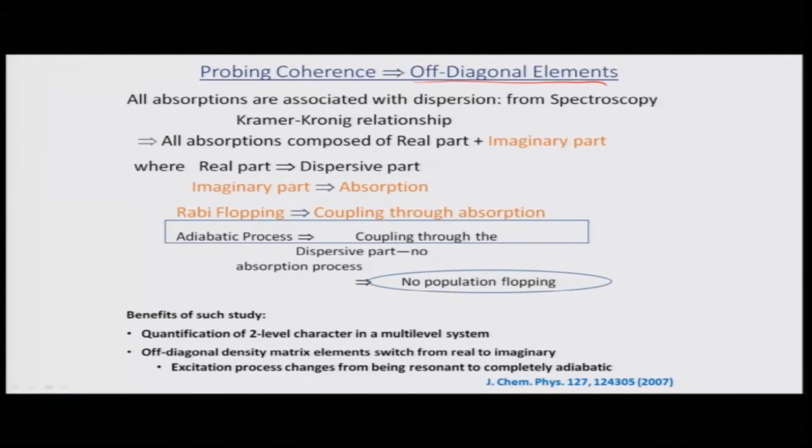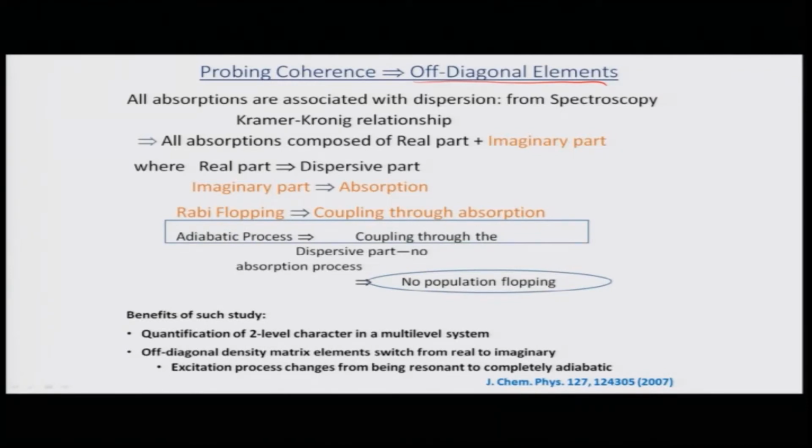And as expected, all absorptions are associated with dispersion, and this is known from spectroscopy as the famous Kramers-Kronig relationship. All absorptions are composed of a real part and an imaginary part, where the real part corresponds to the dispersive interaction, and the imaginary part corresponds to the absorption of this applied field, which results in the Rabi flopping, and this is coupling through absorption.